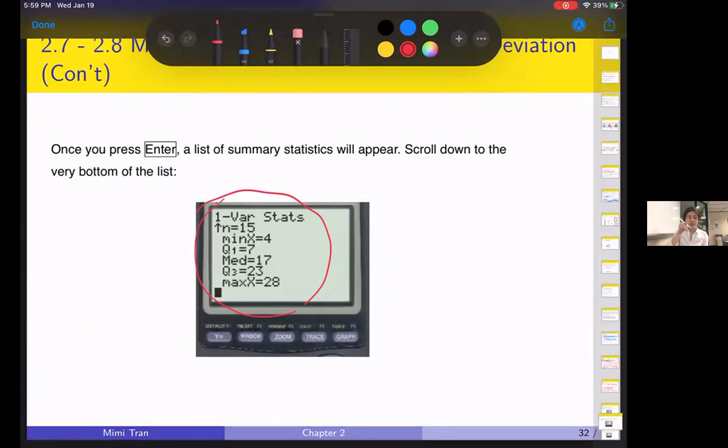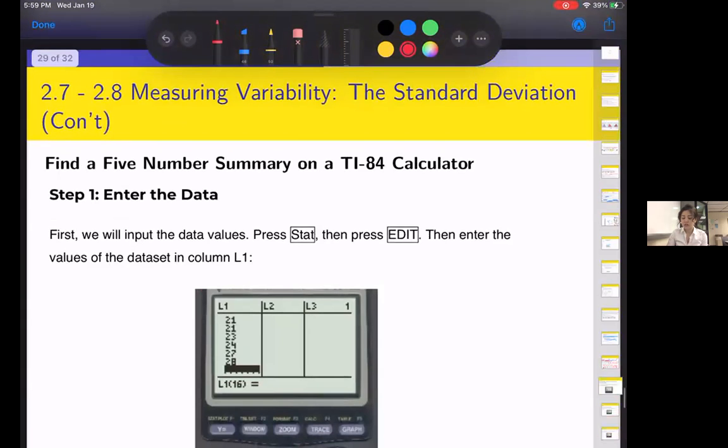You have to press the arrow down, then you see the five-number summary. Go ahead and do that. Turn on your own slides and do it at your own pace. I'm not going to move my slide.